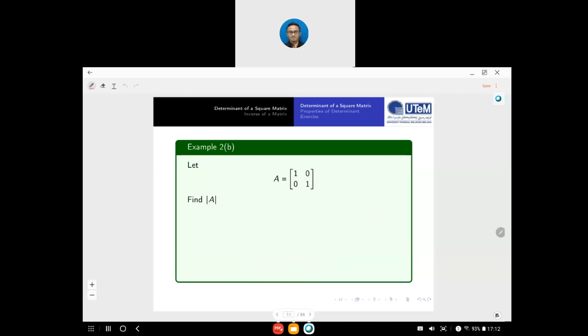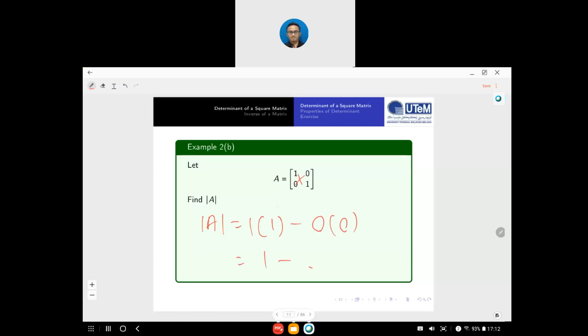Second example: what happens if matrix A is 1, 0, 0, 1? It is the same thing. You cross like that. So determinant A equals 1 times 1 minus 0 times 0.